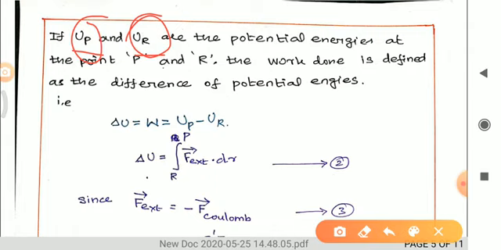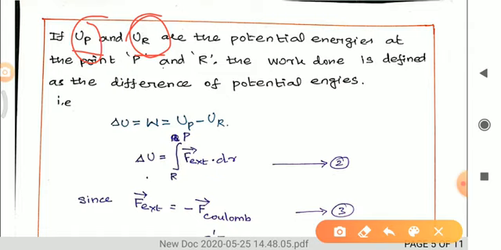If U_P is equal to U_R, there is no change in the potential energy. Okay, there we can't say that work is done. So if work is done, definitely displacement should be there. Otherwise, simply you can understand that if work is done, some changes should occur from the initial to the final position.